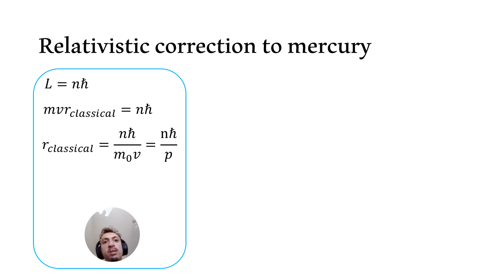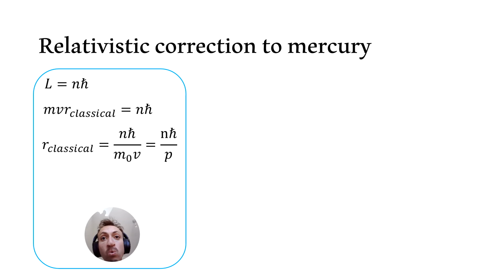And if we rearrange the equation, we get that the classical radius would be, and we can write it in various ways, but it would be n h bar over the rest mass times velocity, or equivalently it would be n h bar over the momentum, but the classical momentum, so where we're taking the mass of the electron to be the rest mass.